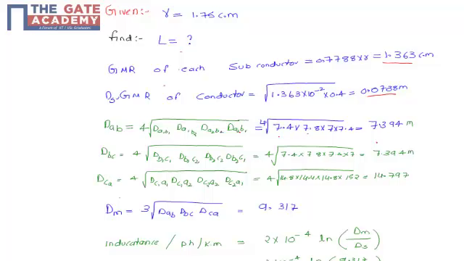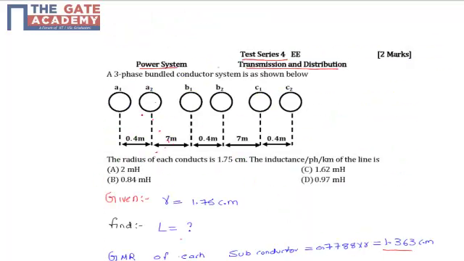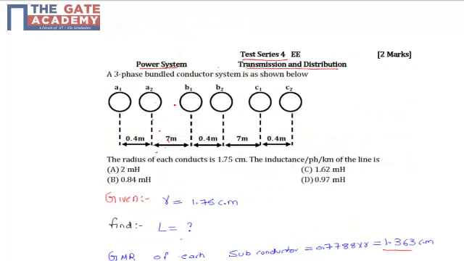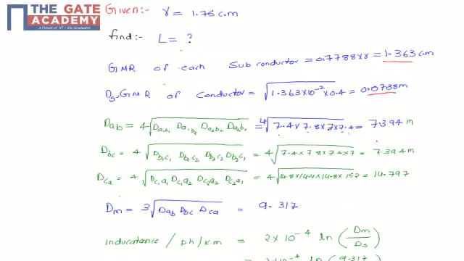Then D A2 to B2 is 7 plus 0.4, that is 7.4, and D A2 to B1 is 7 meters. After solving, we get the value of DAB as 7.394 meter.